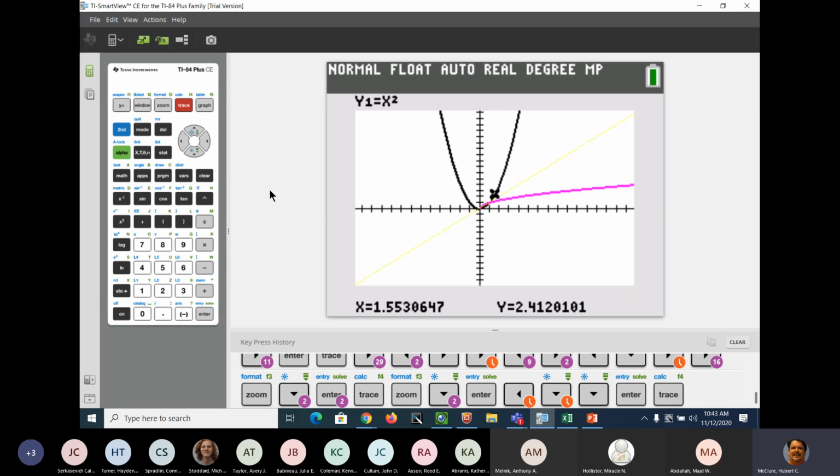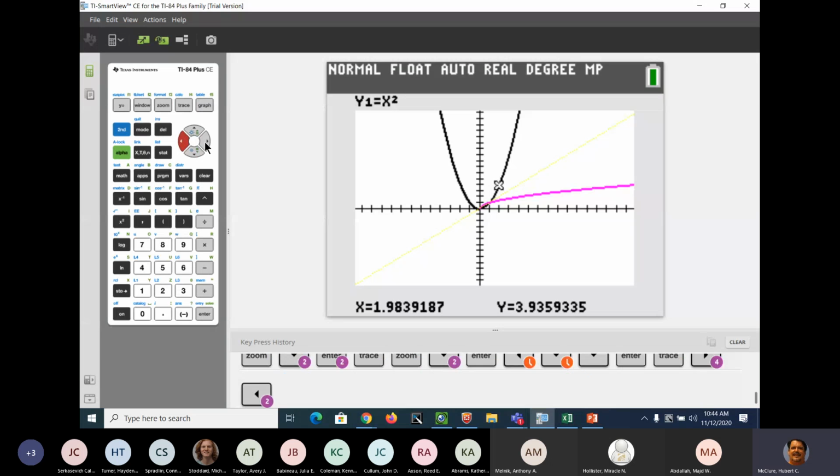Trace. So there, let's go with 2 and 4. Okay, there's 2 and 4 right there. And then if I go to the other one, and I go to 4 and 2, or I go to 4, it should say 2 on the Y.